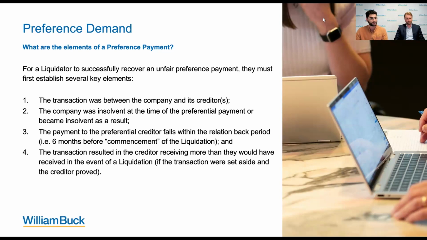The company was insolvent at the time of the preferential payment or became insolvent as a result. The payment to the preferential creditor falls within the relation back period, and for a CVL, it's 6 months before the commencement of the liquidation. And the transaction resulted in the creditor receiving more than they would have received in the event of a liquidation, if the transaction was set aside and the creditor proved in the liquidation.